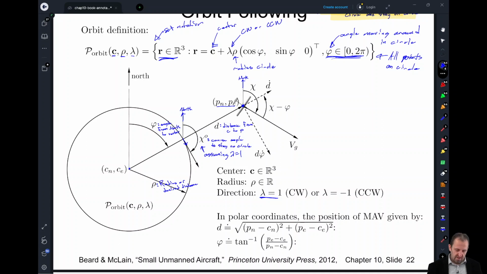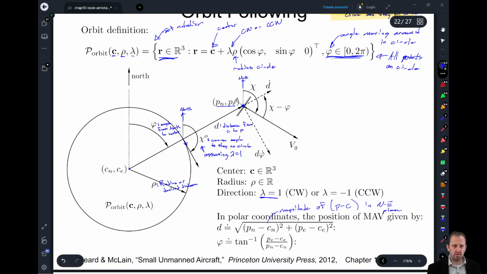We're going to define things in a polar coordinate frame. So d we just define as the magnitude of P minus C in the northeast plane. So we're assuming we're not going to be controlling height independently.